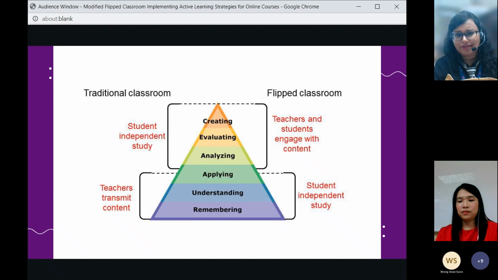When you say something, immediately they take the phone and say, oh, miss, you said something wrong. So why are you doing the job? That is why flip helps: they do the job at home, and in class you help them engage with the materials, engage with the students, and look over whether they are learning or not. The next one.